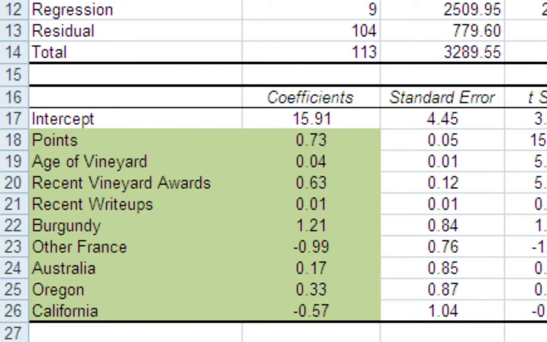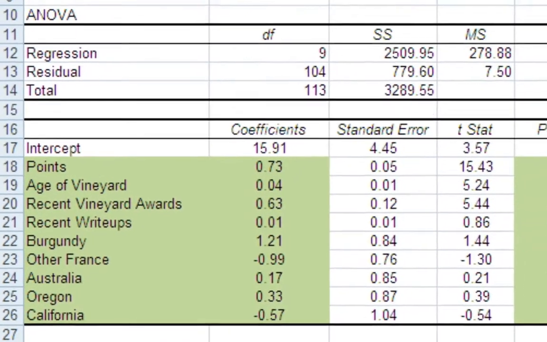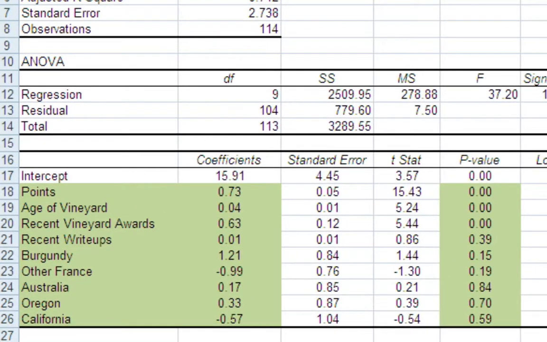A bottle from other areas of France, however, would be, all other things equal, 99 cents less than wines from other regions. From Australia, we would have a 17 cents price premium over other regions. Oregon, a 33 cent price premium. And finally, California, a 57 cents penalty.